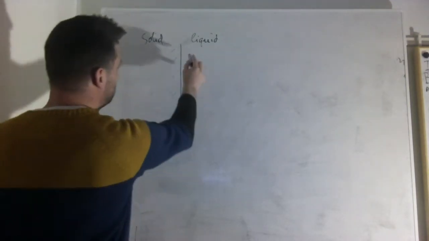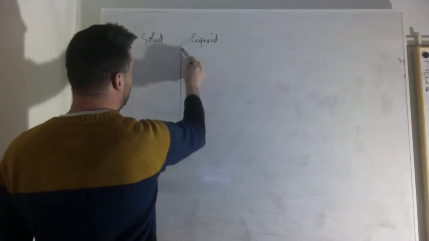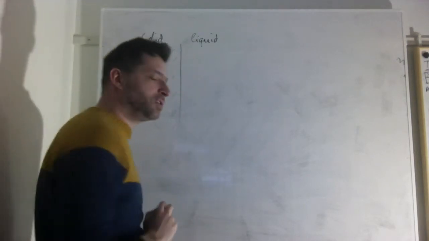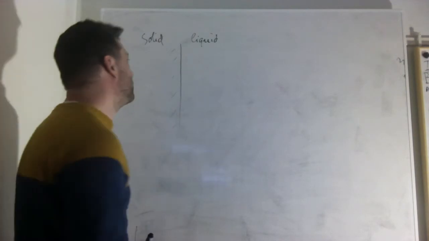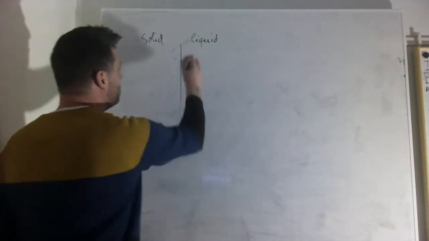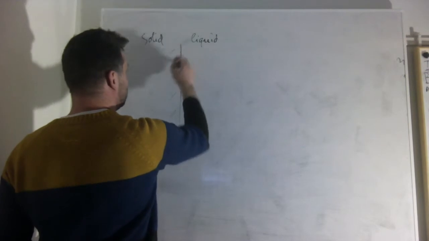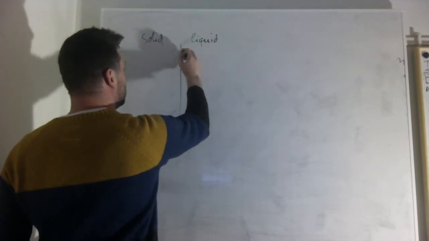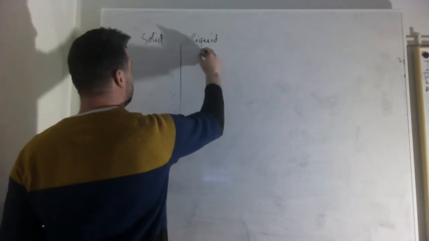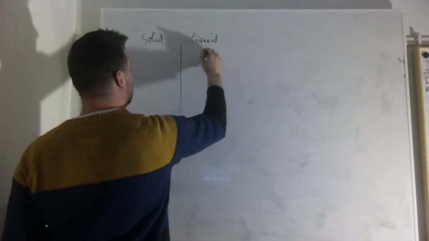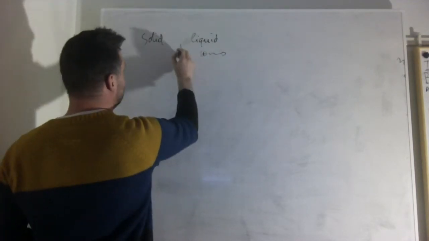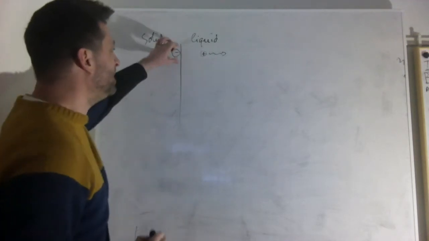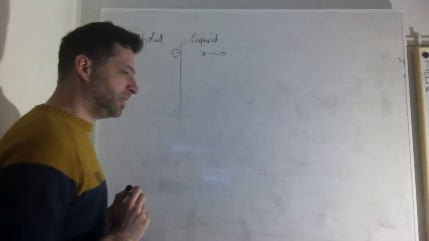Either I get adsorption of charge groups on the surface, or I get dissociation from solid groups into the liquid. Some of the molecules in the solid will, for example, split into ionic species, and then I get, for example, a positive charge that can diffuse away from the surface, and a negative charge that remains behind at the surface in the solid.